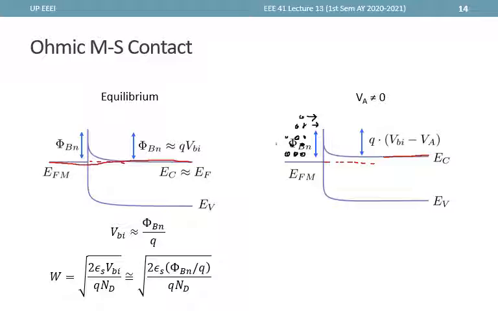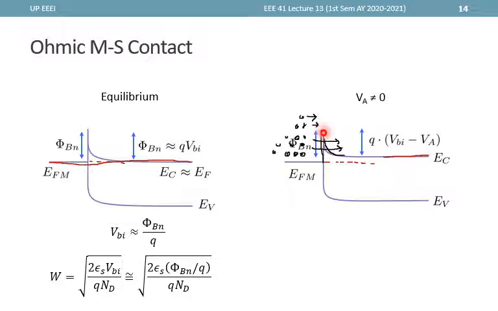However, since this barrier became so thin, electrons can actually tunnel through that barrier even when not overcoming the barrier height.